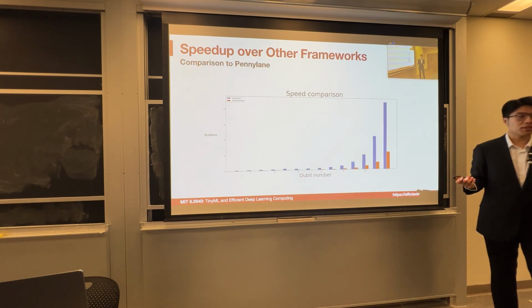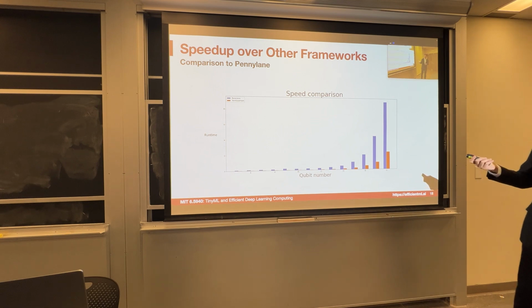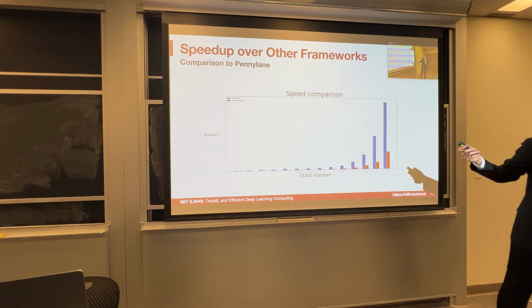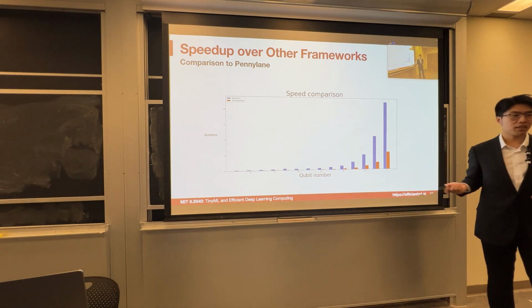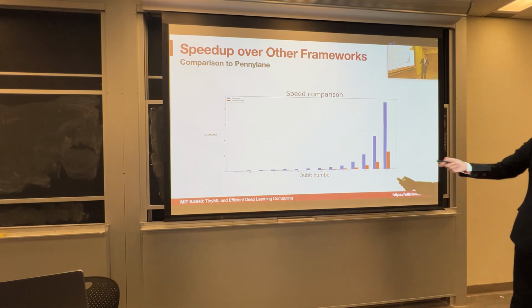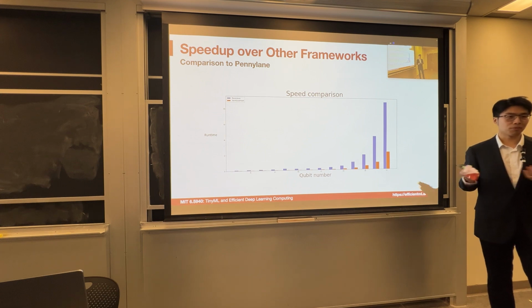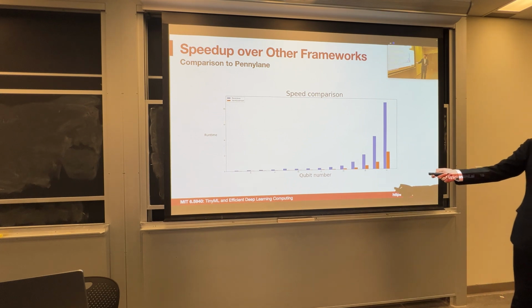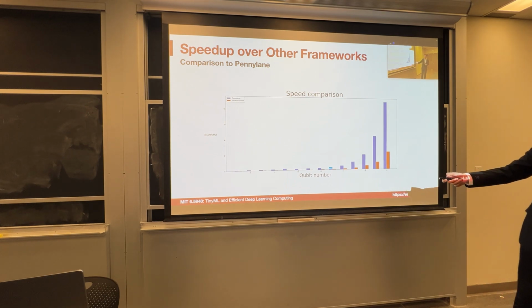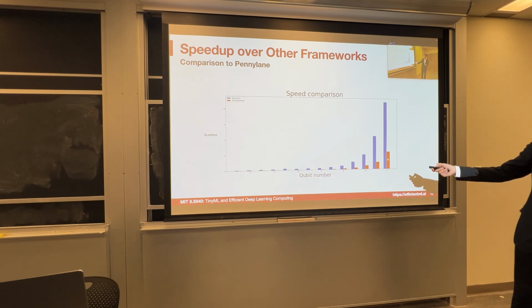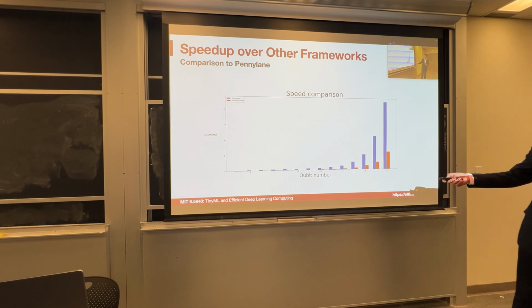So in terms of the speed, we compared it with the previous frameworks, for example, PennyLane, which is developed by another company called Xanadu. Because they don't have support for batch mode processing and also GPUs for processing, we can achieve a much higher speedup compared with PennyLane in blue, and we have this in brown. And the speedup is even larger when we have a large number of qubits.